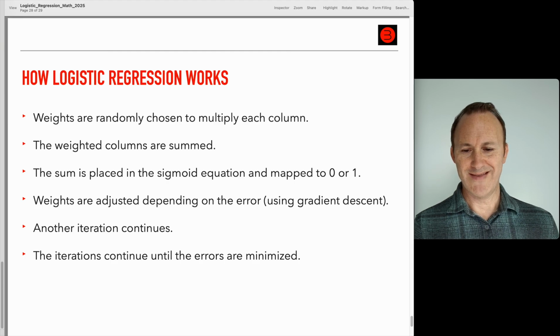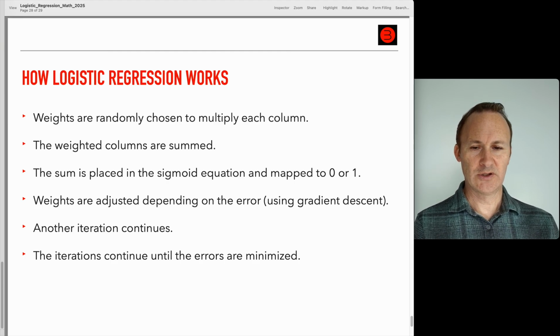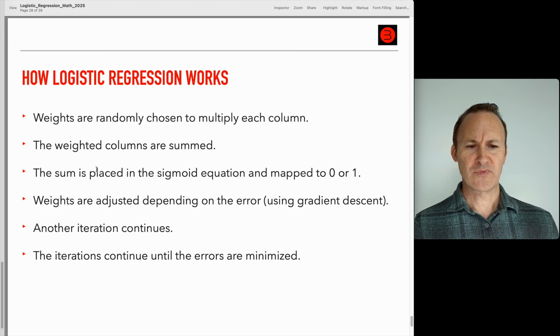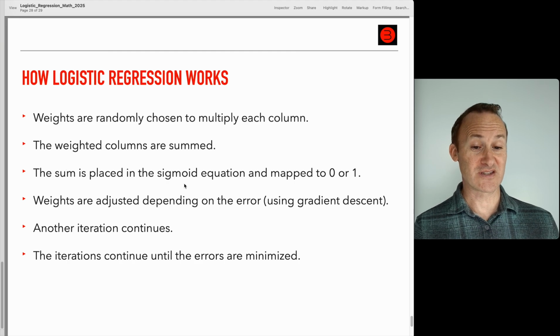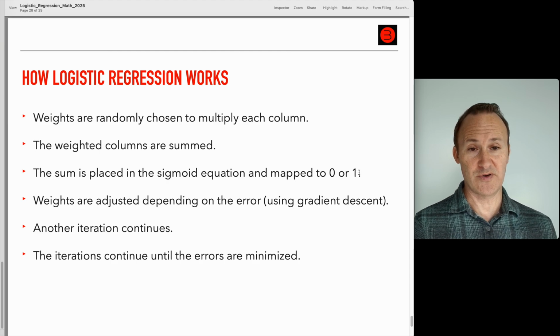Okay, and so that is the gist of how logistic regression works. The key here that I want you to take away is that at the beginning, it actually is the same as linear regression. It's just multiplying and summing, but the key difference, okay, to get it to this kind of unique 0, 1 is, hey, let's use the sigmoid, which is bounded by 0 and 1, and then we can conveniently map the positive outputs to 1 and the negative outputs to 0.